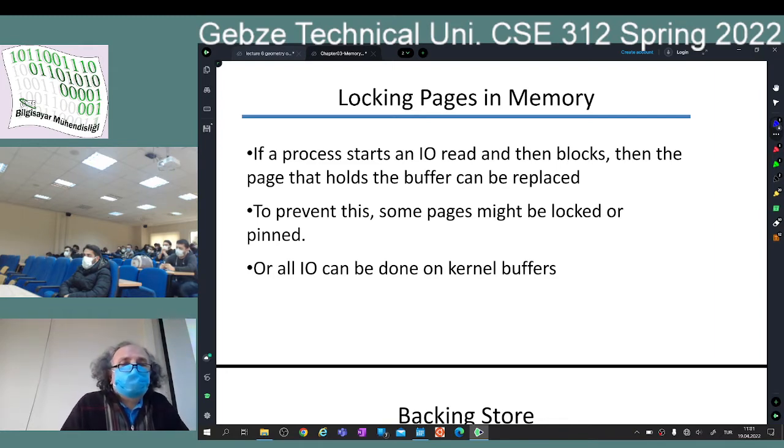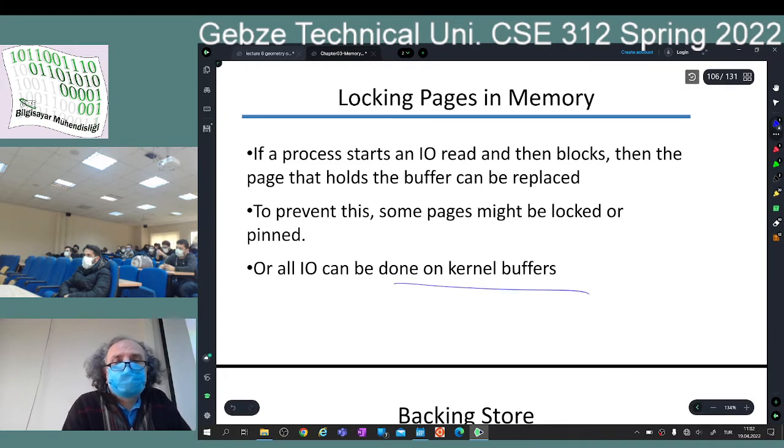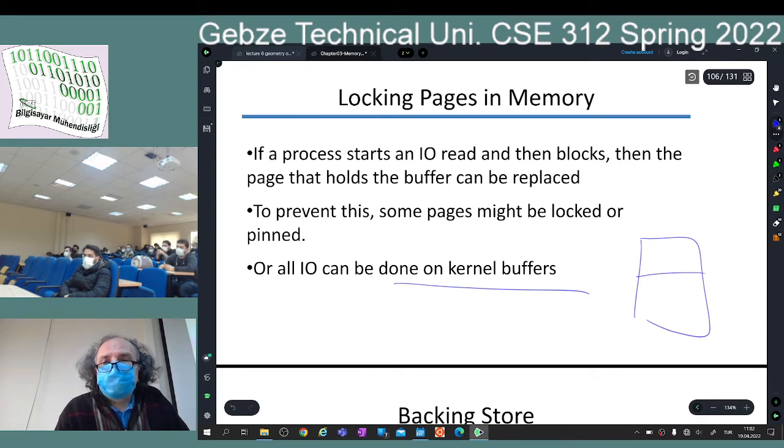And another alternative is using the kernel buffers. It's like this is my operating system. This is my regular process P1. I am asking the operating system to load my data to this buffer, and this is my kernel, and this is the hardware.